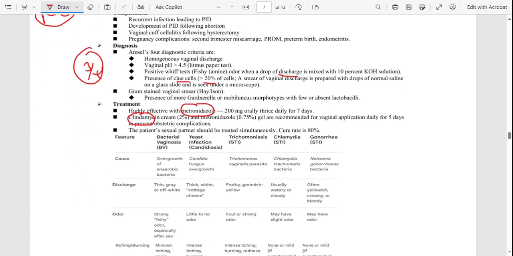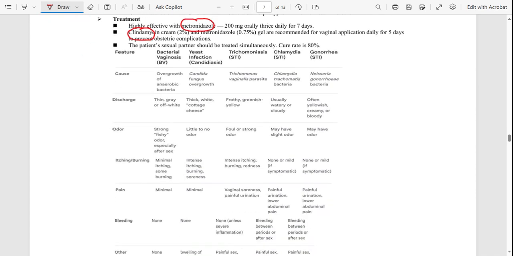You have other infections of the female genitalia, and the features that you use, for example, the cause. For BV, the cause is the overgrowth of the anaerobes. Candidiasis is Candida, trichomoniasis is Trichomonas vaginalis, chlamydia is Chlamydia trachomatis, and gonorrhea is Neisseria gonorrhoeae.